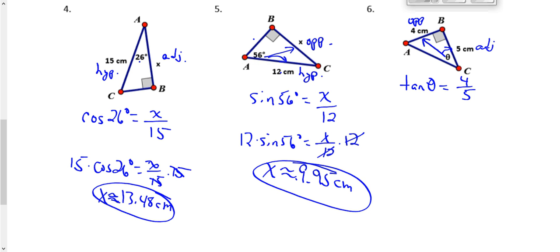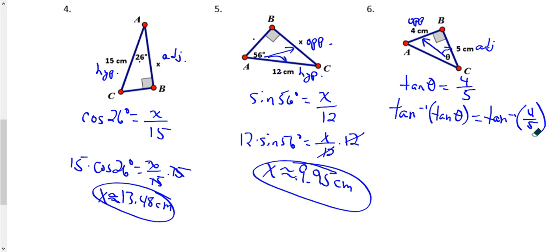So I'm trying to solve for the angle measure, so I have to use inverse tangent, right? Inverse tangent of the tangent of theta. Same to both sides. 4 over 5. What's the inverse tangent of the tangent of theta? Theta.